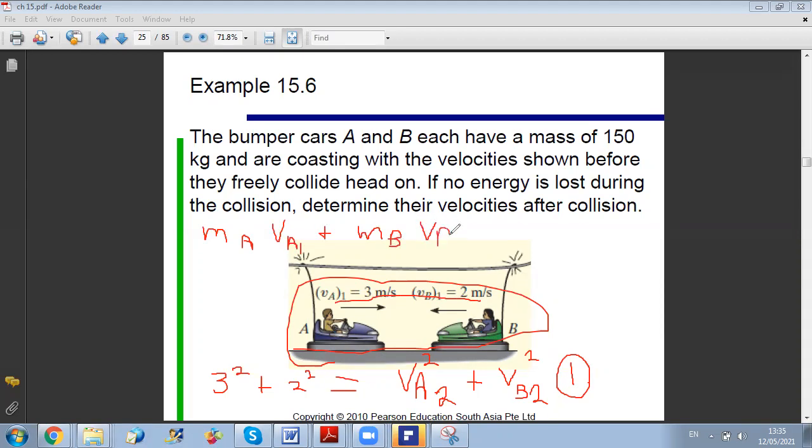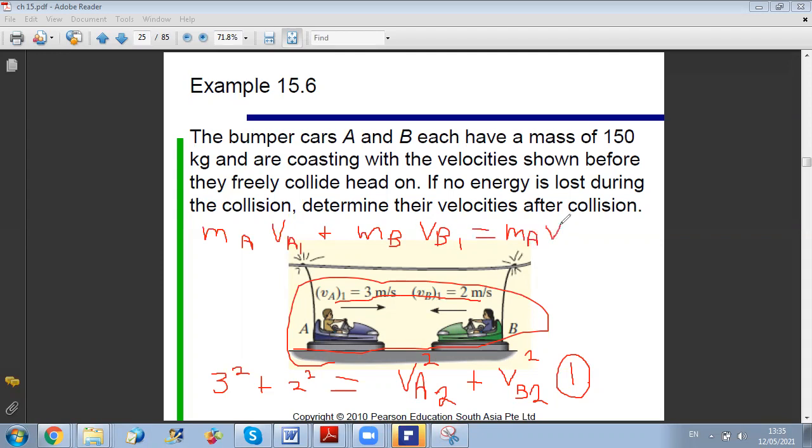Okay, and since you have equal mass for A and B, you can simplify the mass. So your equation will be reduced to VA1 plus VB1 equals VA2 plus VB2.